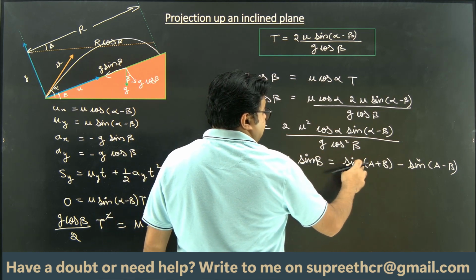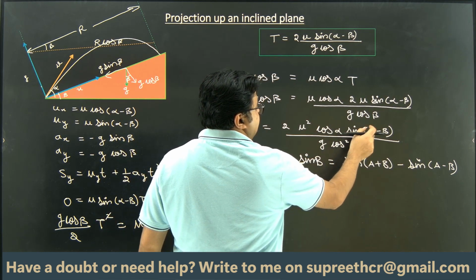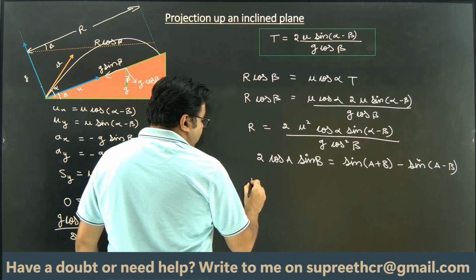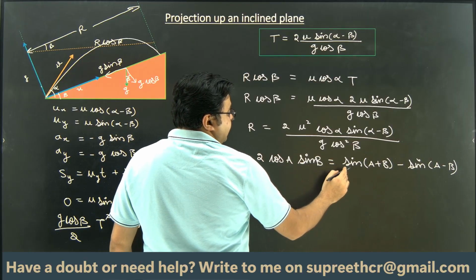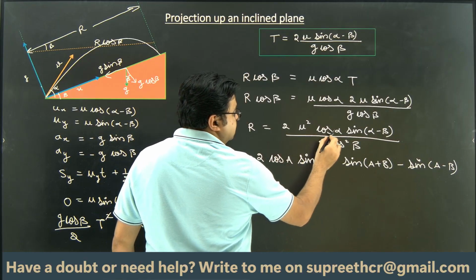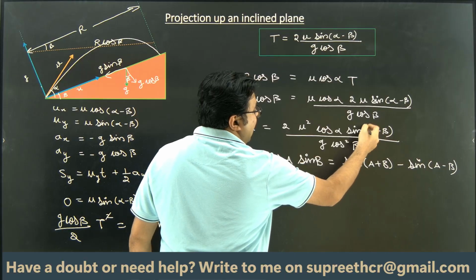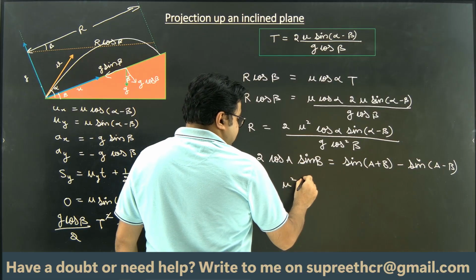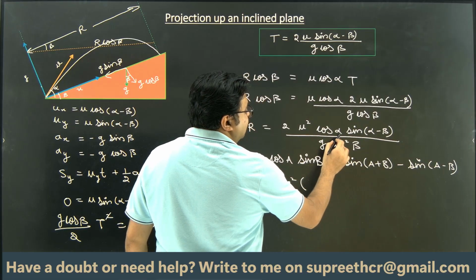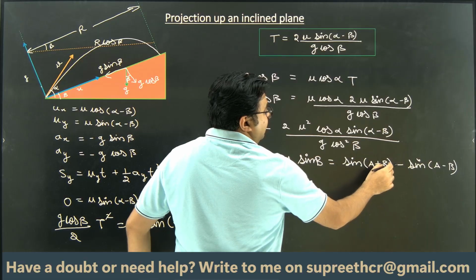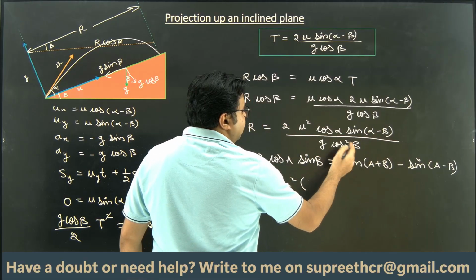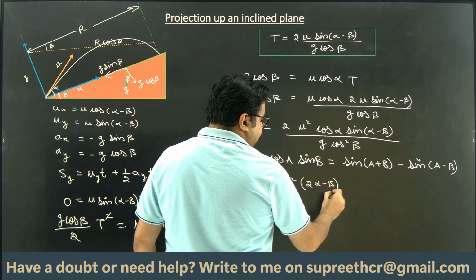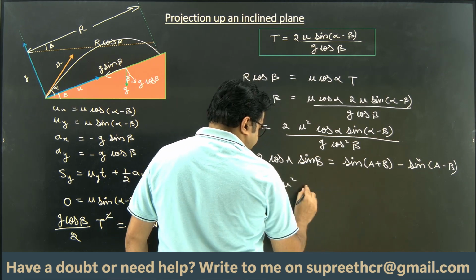Let's use that equation and write cos alpha and sine of (alpha minus beta) in terms of sine (a plus b) minus sine (a minus b). What do you get? R becomes equal to, there is 2 cos alpha sine (alpha minus beta) being absorbed in here. All you're remaining with is u square. A plus b. A here is alpha and b is alpha minus beta. If you add both of them, you will get 2 times alpha minus beta. Of course, sine.